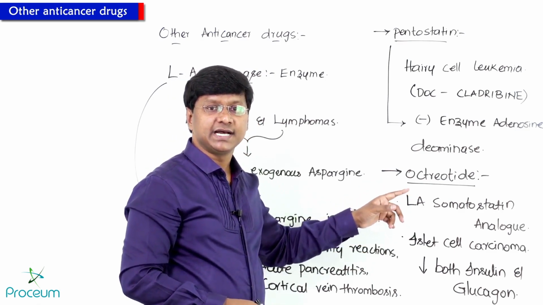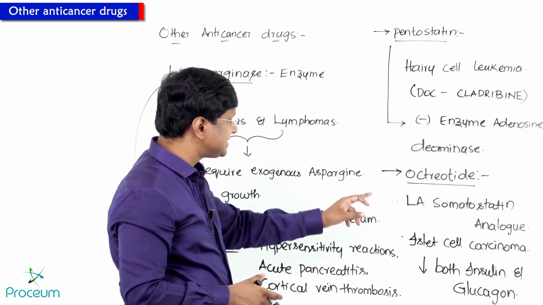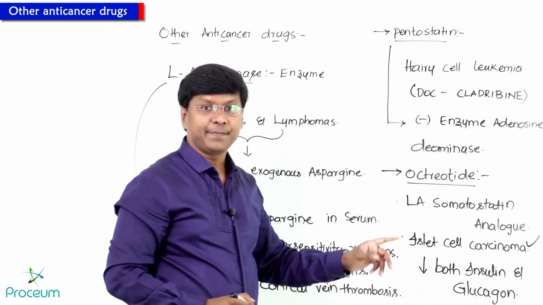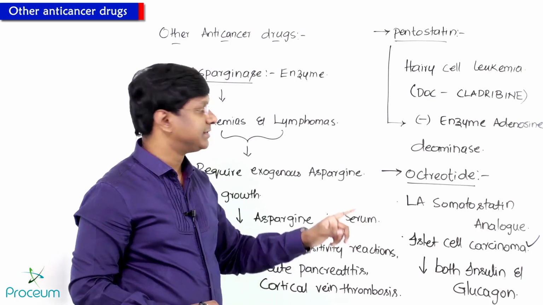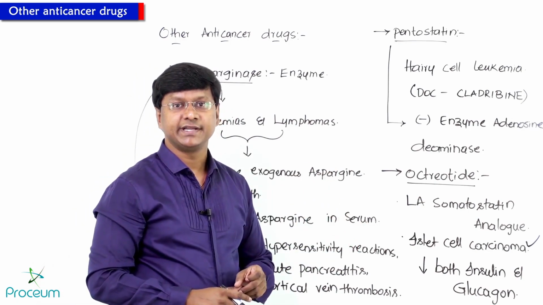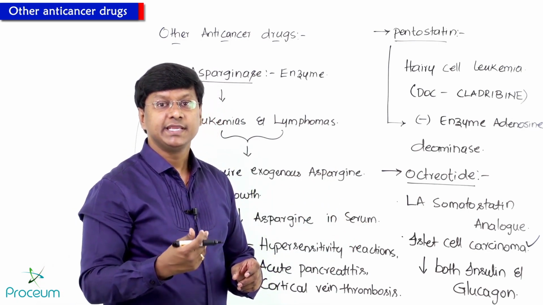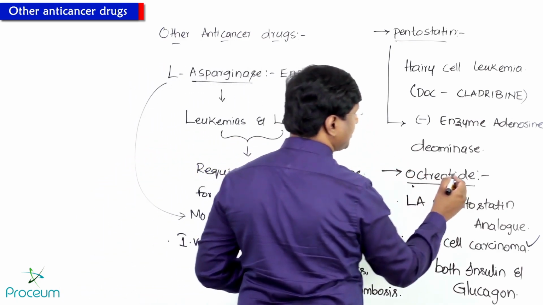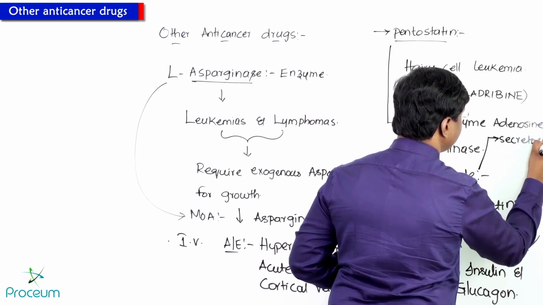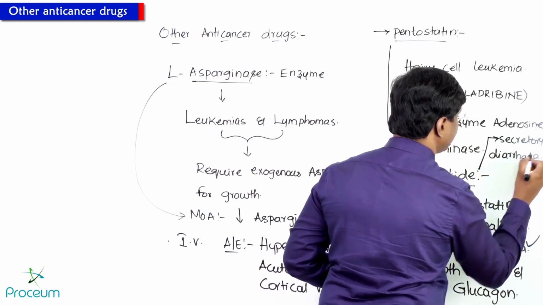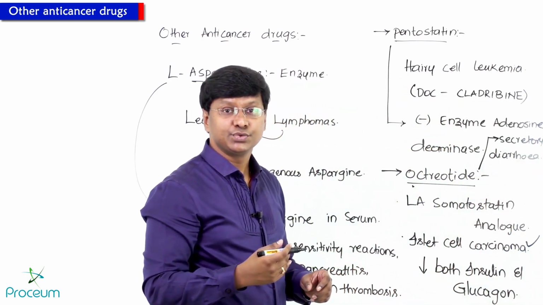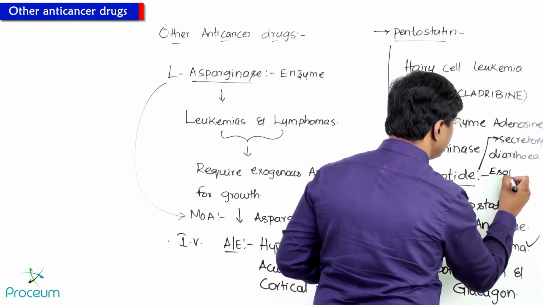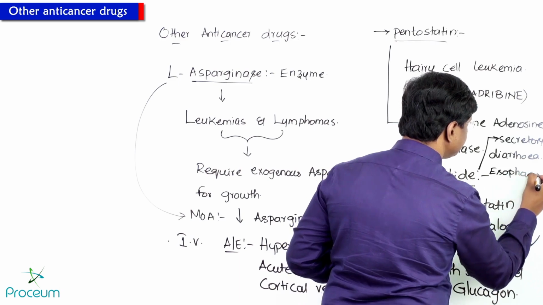Now let me tell you the other uses of octreotide. Apart from islet cell carcinoma, octreotide is useful in secretory diarrhea. The other uses include esophageal varices in patients with portal hypertension.